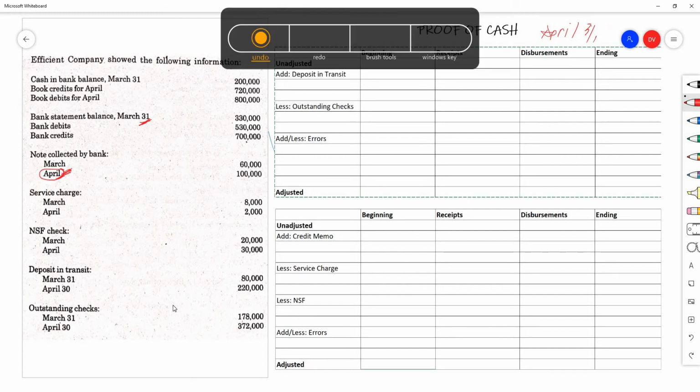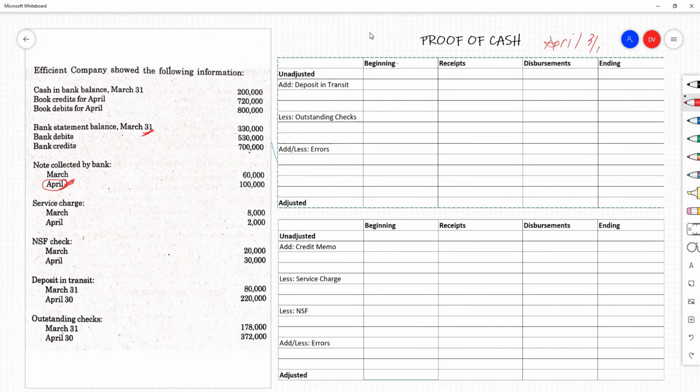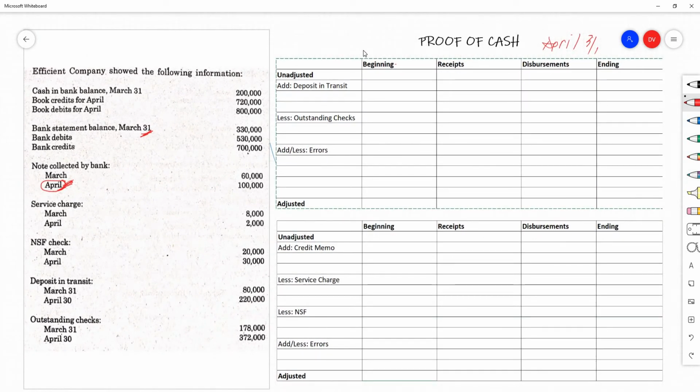So there's no specific period. Now, what do you mean by ending? So we're pertaining here to April, kasi yan yung kino-compute natin na period. Ito yung ending. Ito yung gusto nating malaman, yung actual cash ng April.